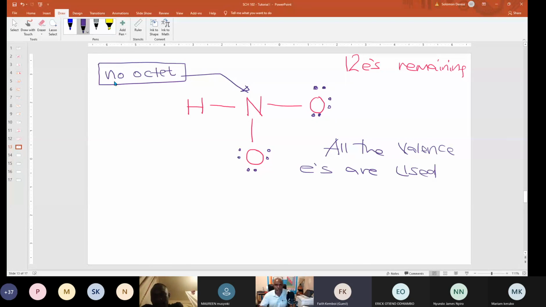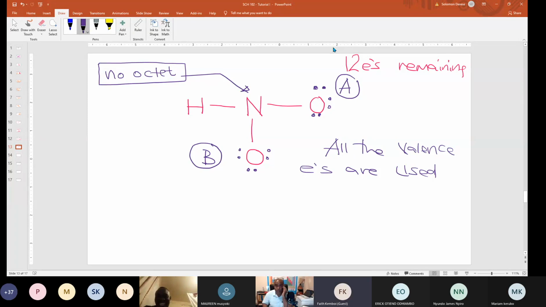Yes. How many oxygens do we have? 2. So let me label the oxygens. Let me label this one as oxygen A. This one as oxygen B. Different oxygens.